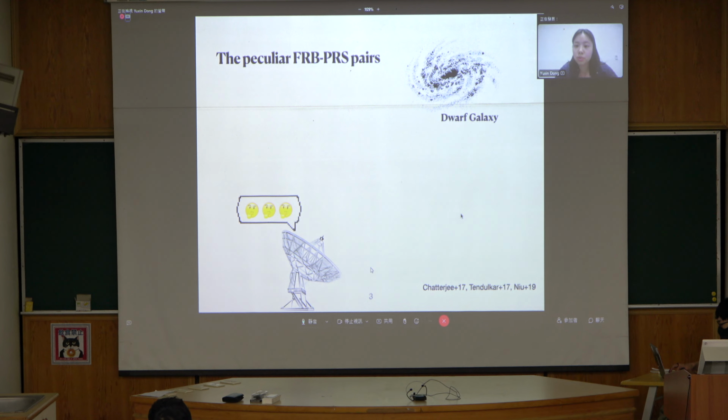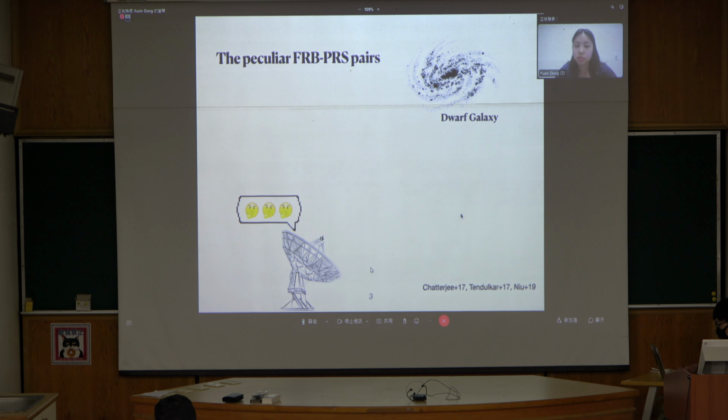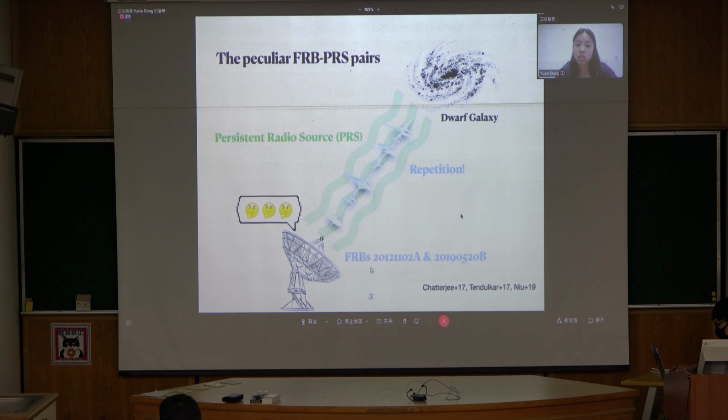So as alluded to in the previous slide, there are two very peculiar FRBs that are linked to a persistent radio source, or a PRS. These two are 121102A and 20190520B. They're both found in dwarf galaxies, which is quite unusual compared to the rest of the FRB population. And they are known to repeat based on observations.